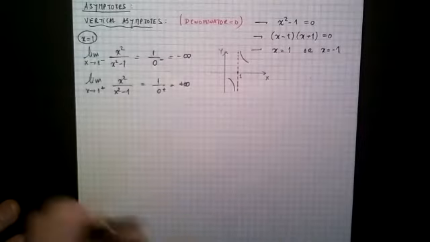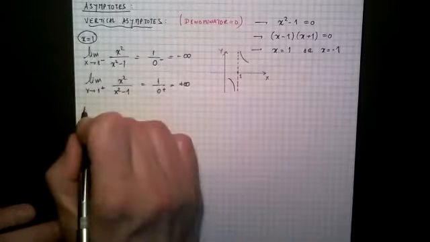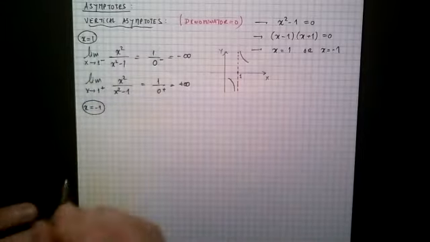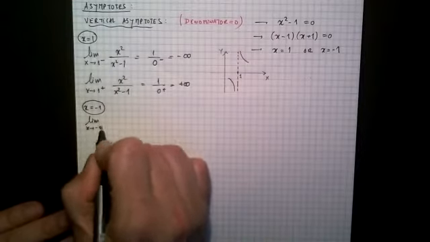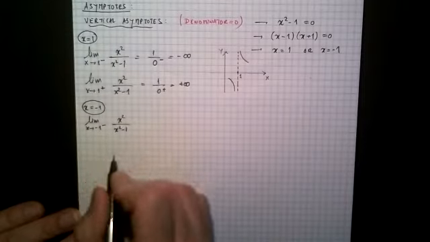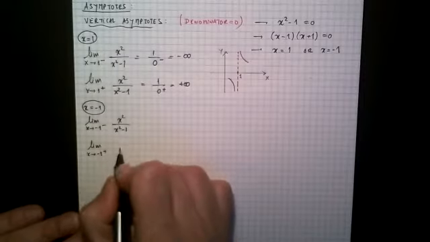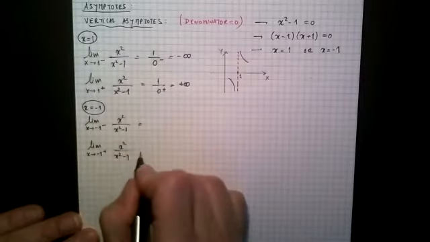At x equal to -1 now. I have to do the same exercise as x approaches -1. So from the left, limit as x approaches -1 from the left of x² over x² minus 1, and then the limit as x approaches -1 from the right of x² over x² minus 1.